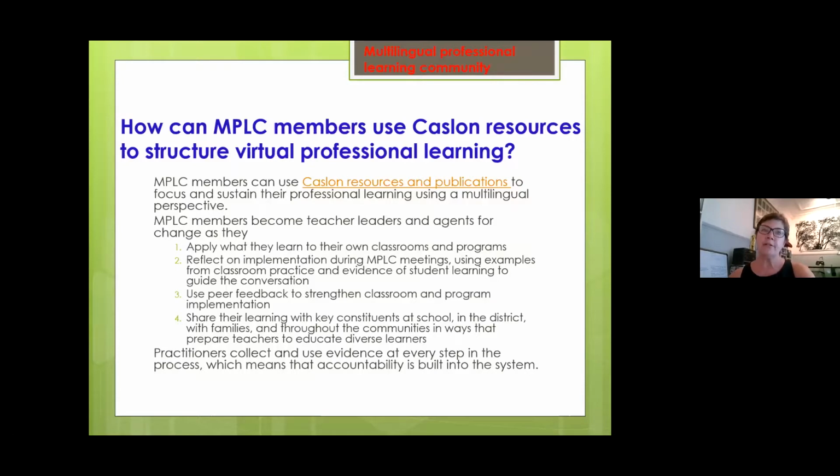So it's very evidence-based, but it's evidence that teachers have decided reflects what students can do with the new strategies and activities they're learning, so that the rest of the community can say, wow, look what happens when you look at both Spanish and English side by side. Look what happens when you bring in the home languages as resources for learning in this English content area classroom, etc.